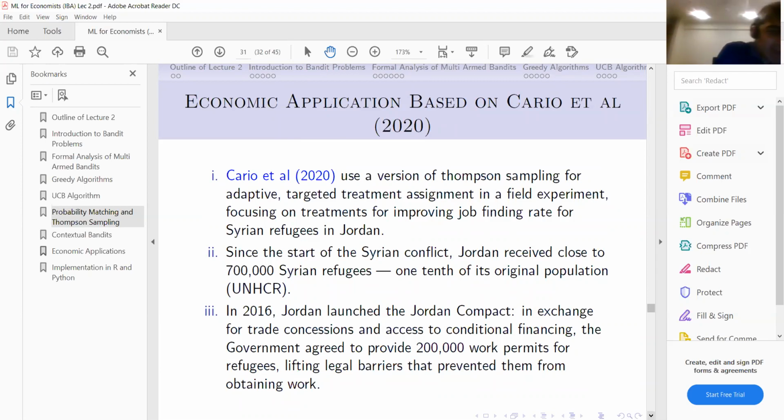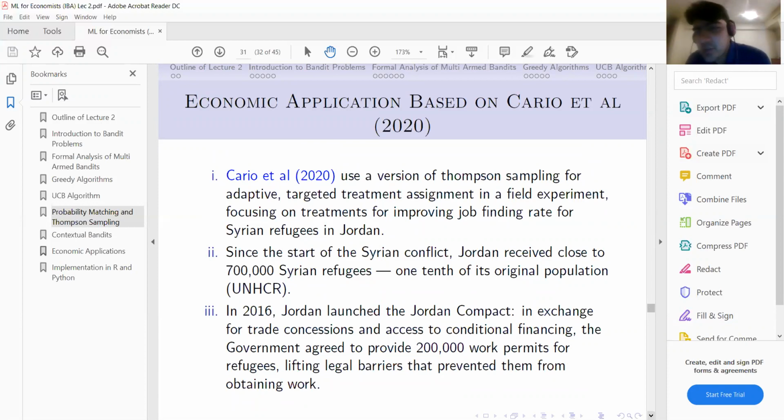Amazing work by Caria et al., and Simon Quinn at Oxford, Max Kasy at Oxford, and other people from the International Refugee Foundation, which is still in progress. They use a version which they call the tempered Thompson sampling algorithm.